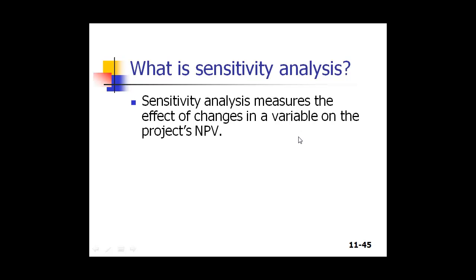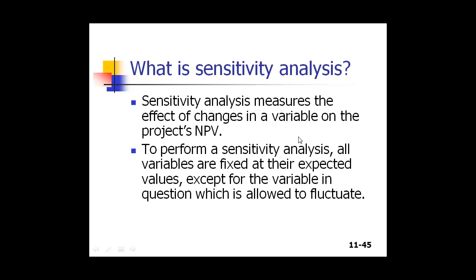It will be positive. So do you get the point? In sensitivity analysis, we just take one variable at a time. Okay, so let's do that. To perform a sensitivity analysis, all variables are fixed at their expected values except for the variable in question, which is allowed to fluctuate. And then we look at the impact on NPV.